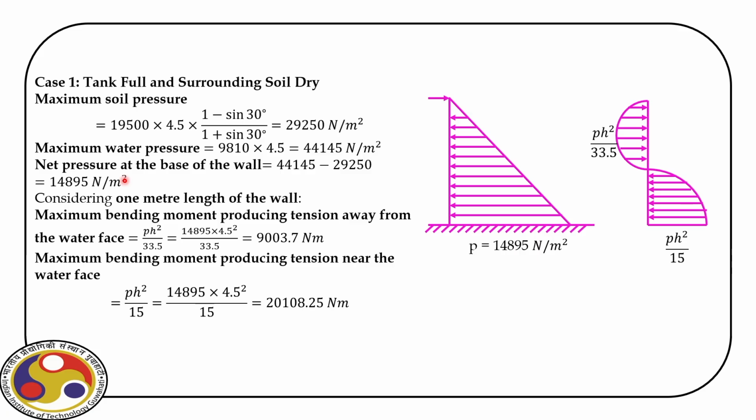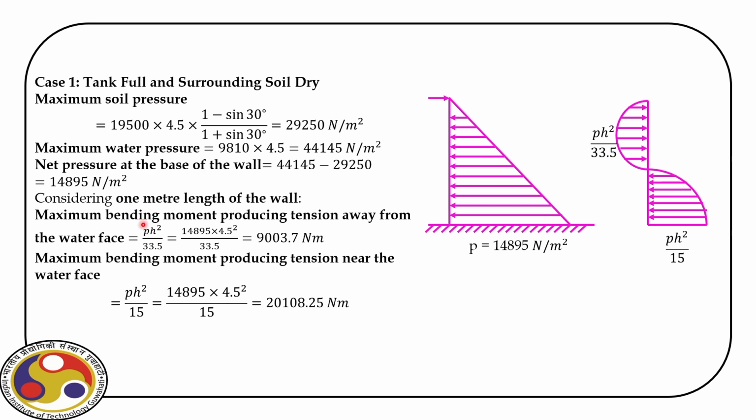Now for the design, if you recall, we need to consider 1 meter of the wall and then for that we need to find the bending moment over the height of the wall, and as you can see, this is the variation of the bending moment. We discussed this earlier.